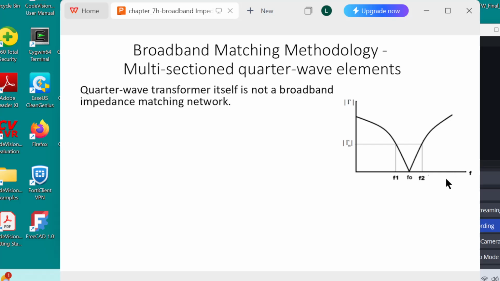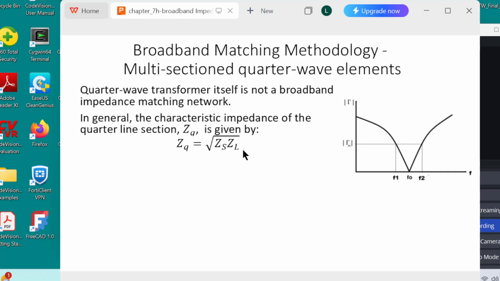The actual minimum occurs at only one frequency, F0. If the frequency is slightly deviated, then you are going to have lots of reflection. If you are here, the reflection will be that much. If you are here, then the reflection will be huge.